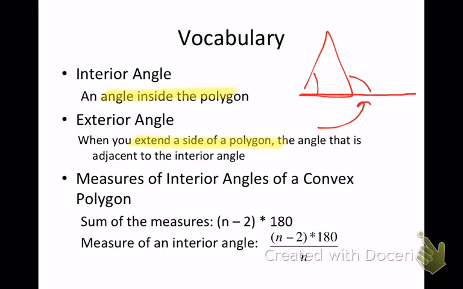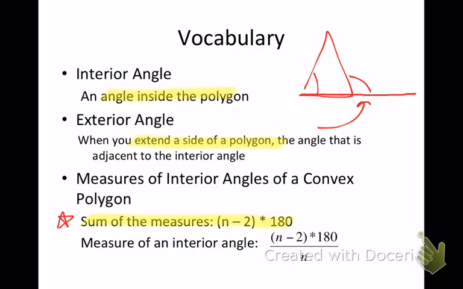And then we have two kind of formulas we're going to talk about. The measures of interior angles of a convex polygon. The sum of the measures is n minus 2 times 180. Now, what do you think of when you think of sum? What does sum mean? Addition. Add. So that means all of the angles added up.